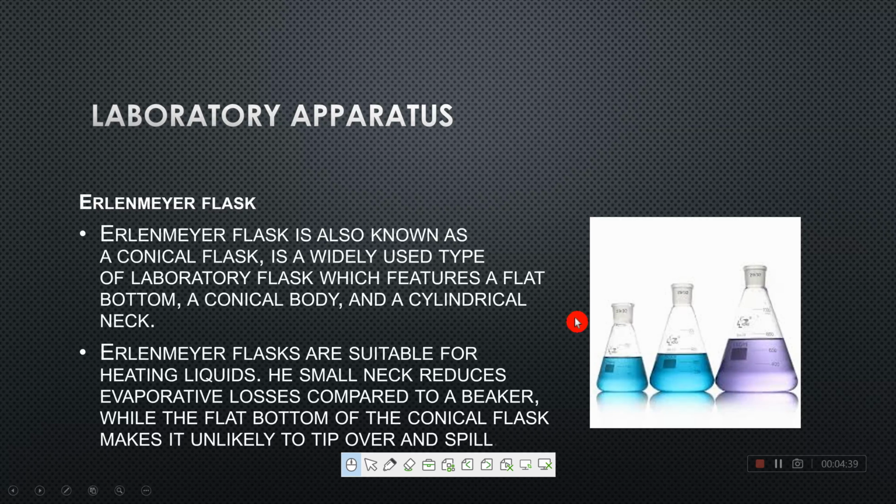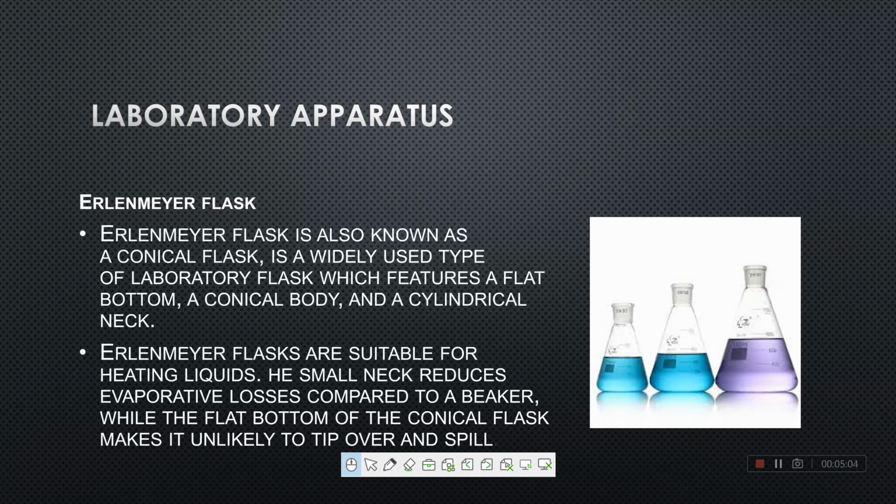The small neck reduces evaporative losses compared to a beaker, because when we put the solution into the beaker, the evaporation rate increases due to increased surface area of the beaker, because the surface area of the beaker is higher or larger than the conical flask.